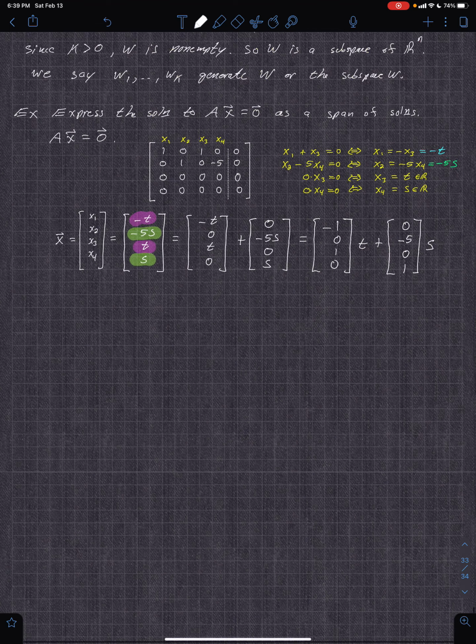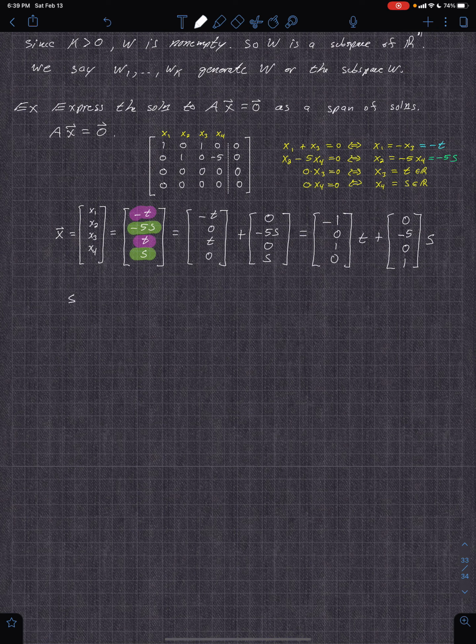So when we say the span of this set, we get just the negative 1, 0, 1, 0. Hold on, I messed up my spacing there. Okay, so you end up with the span of this set. Make it a little bigger.